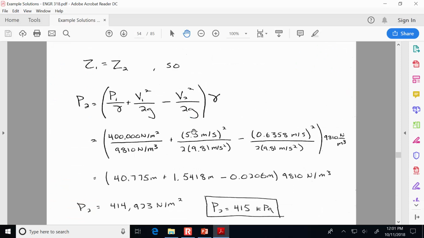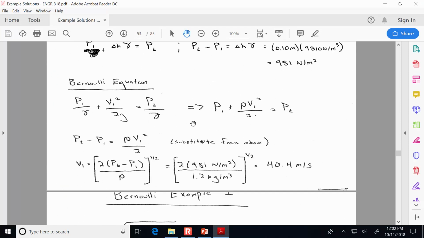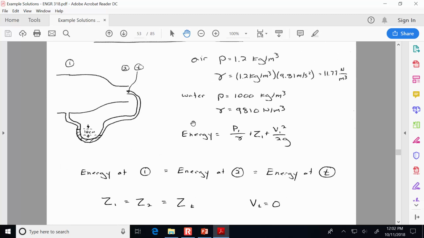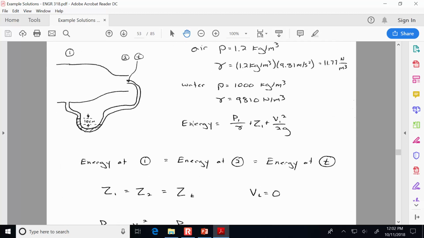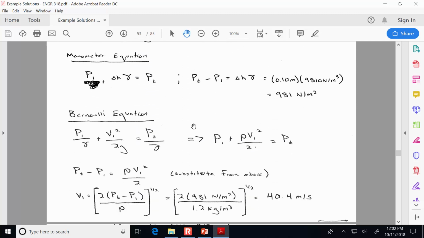So let me pause for a moment and bring these up on the screen in case there's anybody who's following along in the recorded video. All right, so we have this nozzle, got our fluid constants, and we're saying we know that between these 3 points the energy is conserved. So then what we do is solve the manometer equation to find the change in pressure between point T and point 1.